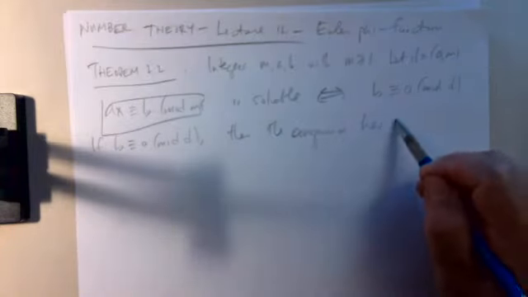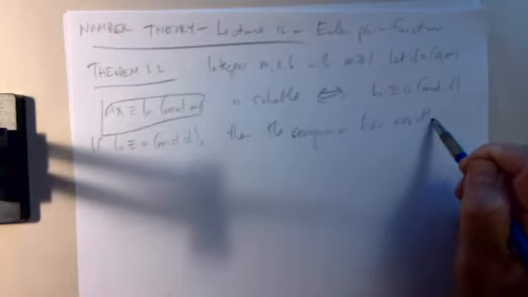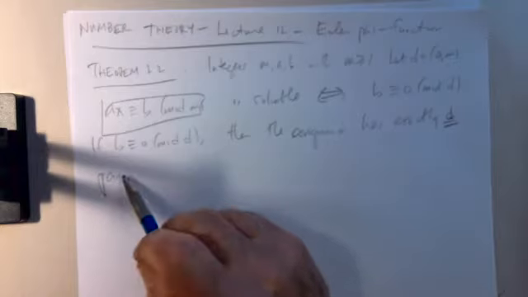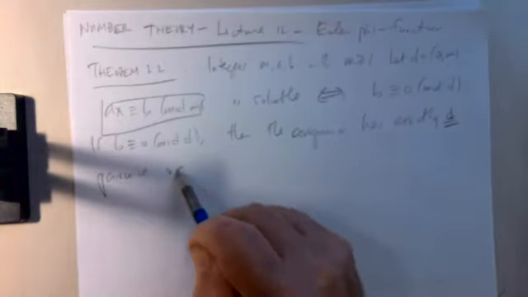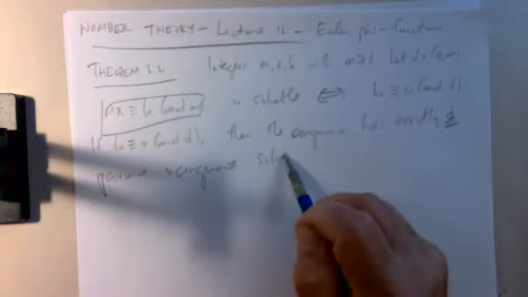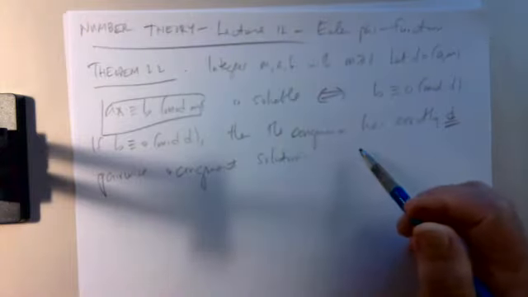And this congruence has exactly d pairwise incongruent solutions modulo m.